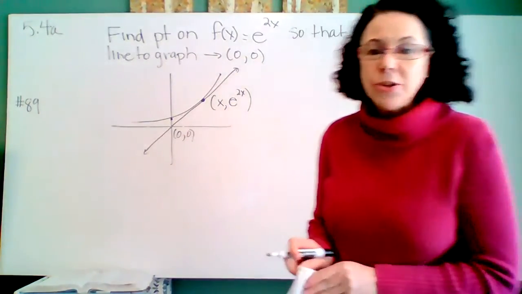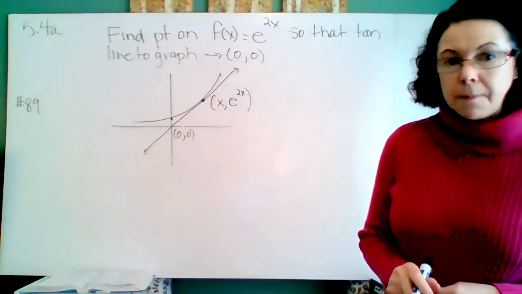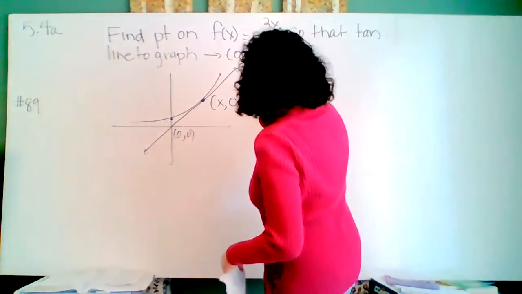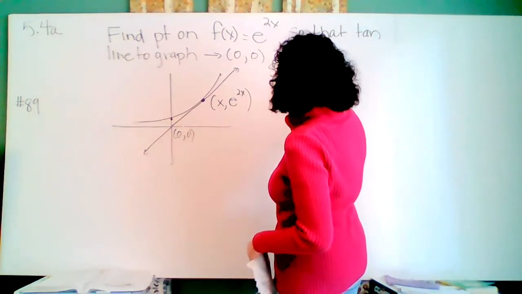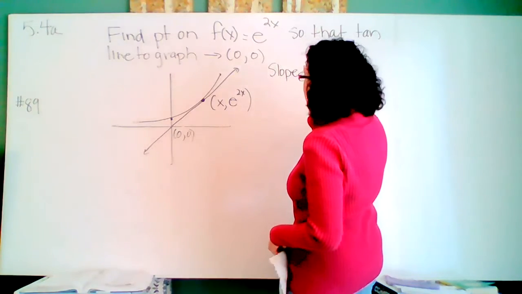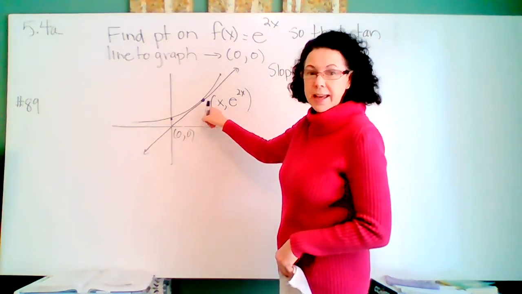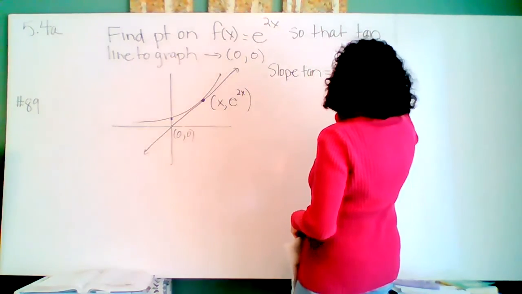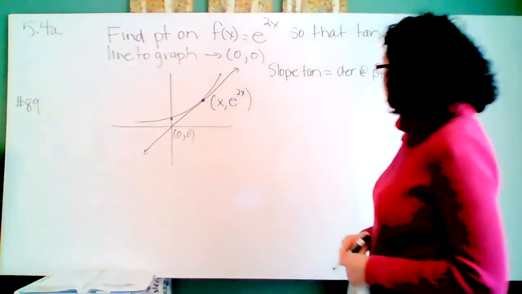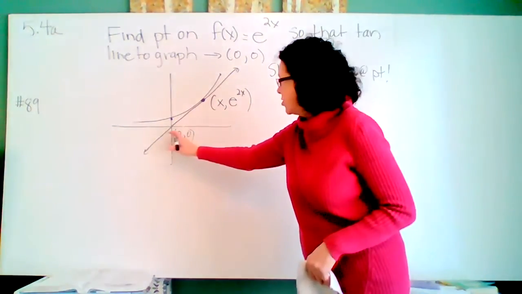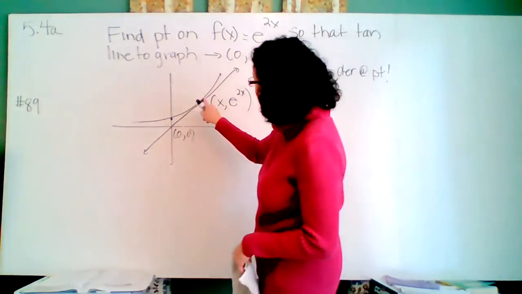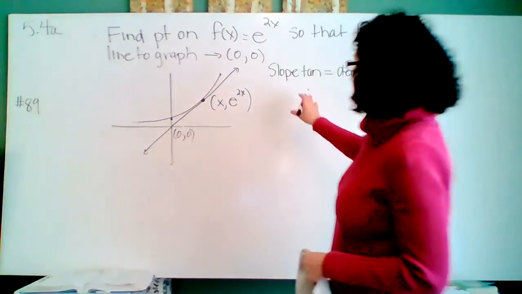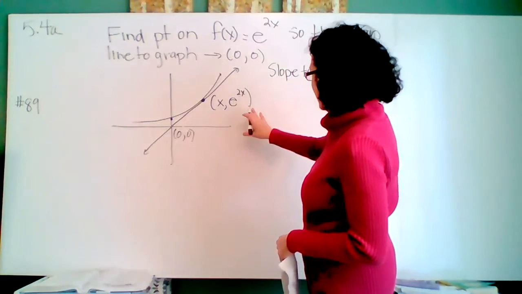So there's two things I need you to know here. First of all, we have to bring the idea together that the slope of the tangent line is equal to the derivative at this point. Okay, so the slope of this tangent line is equal to the derivative at that point, yes? So let's find the slope of the tangent line on the left.